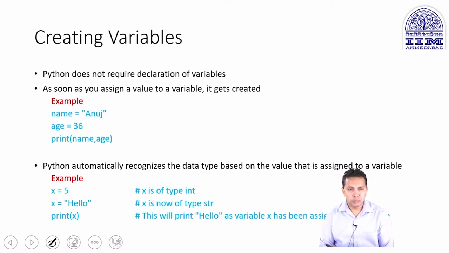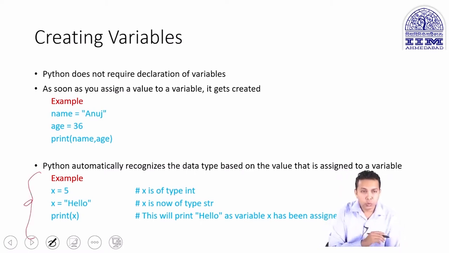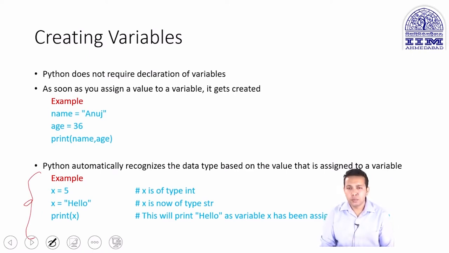Now, in this example that I have in front of you, what you observe is, first of all, I am storing a value 5 in x. So, as soon as the Python interpreter interprets it, it says that okay, x is of int type. However, as soon as it goes to the next statement, I am reassigning a value hello, which is of string type, to the variable x.